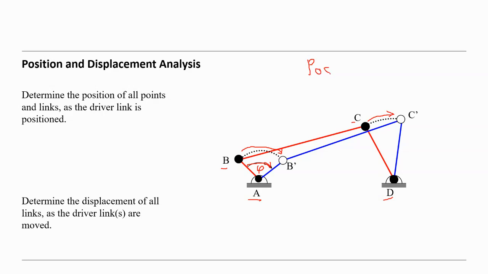So position, that means initial position, and then, of course, if the initial position is changed, that means there is a motion. So the A, B, C, D initial position.